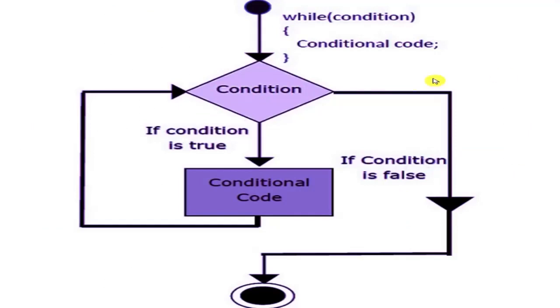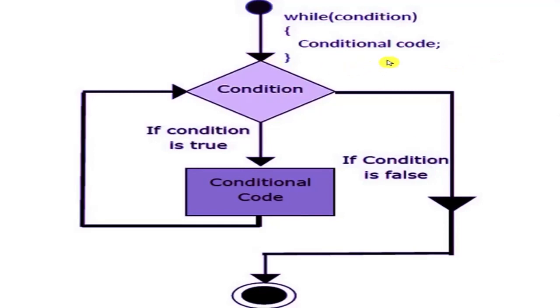A while loop statement repeatedly executes a block of statements until a logical condition remains true. While loops are also called indefinite loops because it is not known in advance how many times the loop is going to be executed.